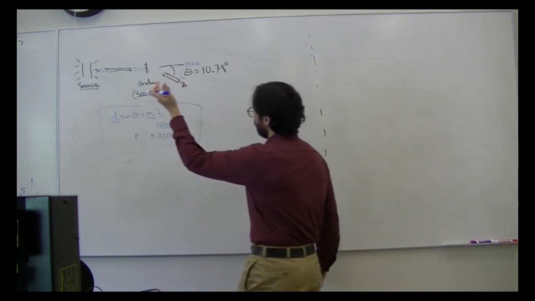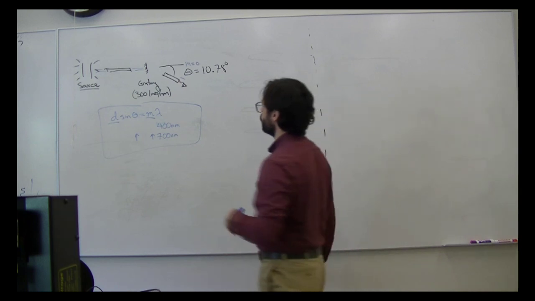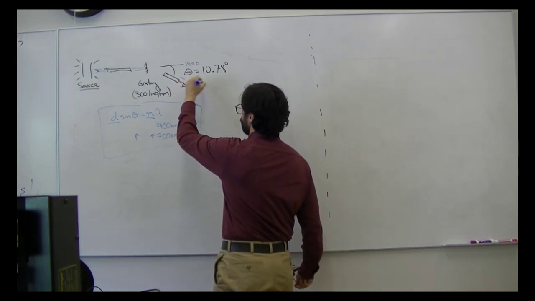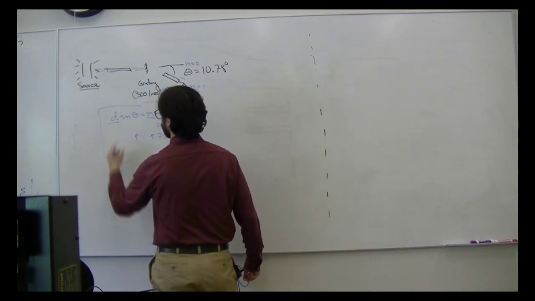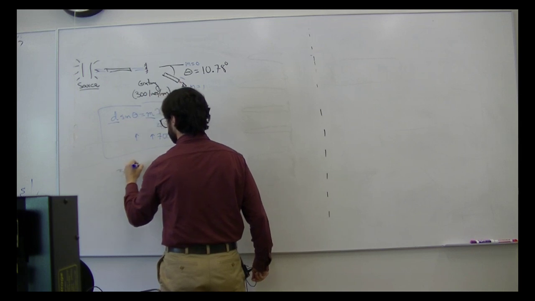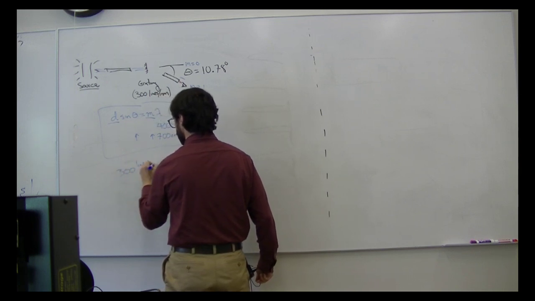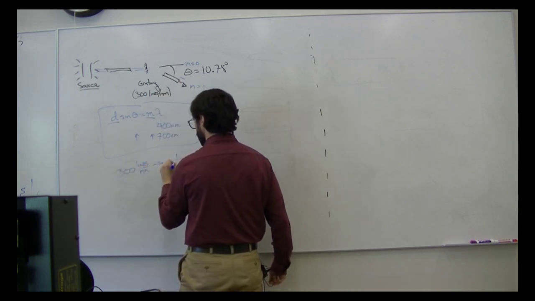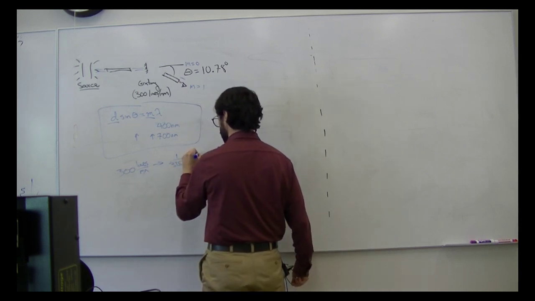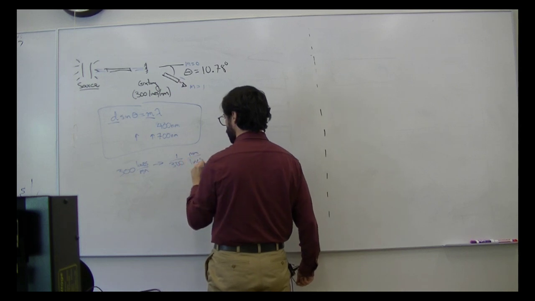But again, we already know how to do spectroscopy. So all I had to do is realize that this 10.78 is the first order diffraction peak. I've got to find out what d is. I've got 300 lines per millimeter, which means 1/300th millimeters in between lines, millimeters per line.